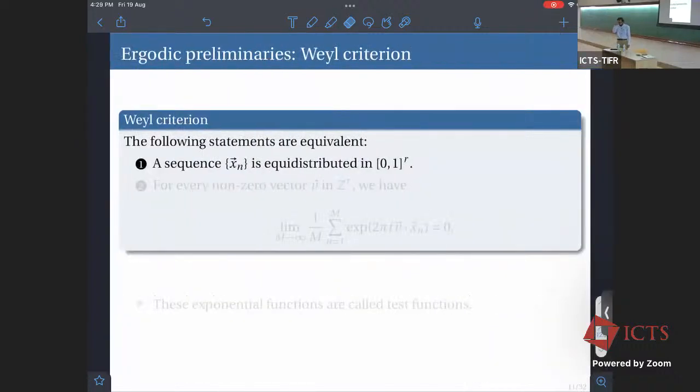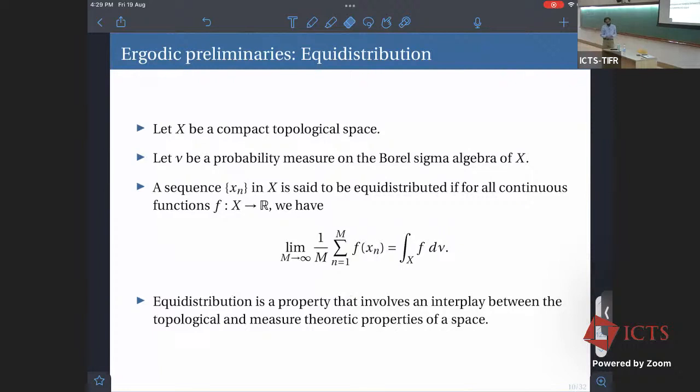Okay, and so the point is, here we want to do it. So the way equidistribution is stated is you have to check this condition for all continuous functions, but maybe sometimes you don't have to check it for all continuous functions.